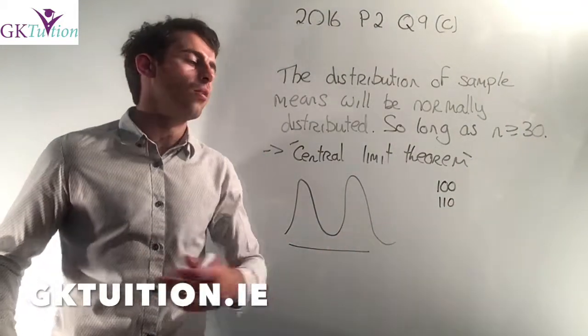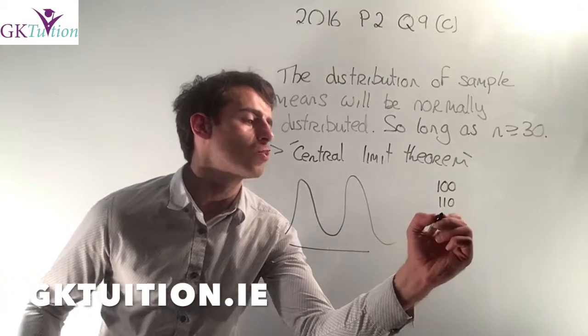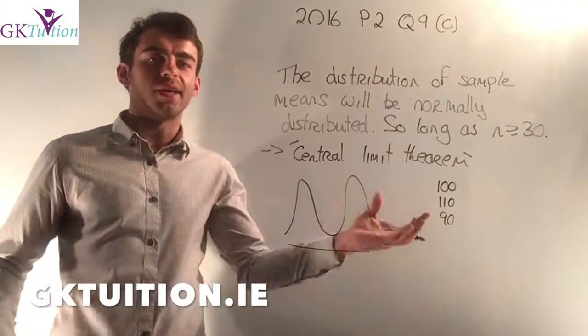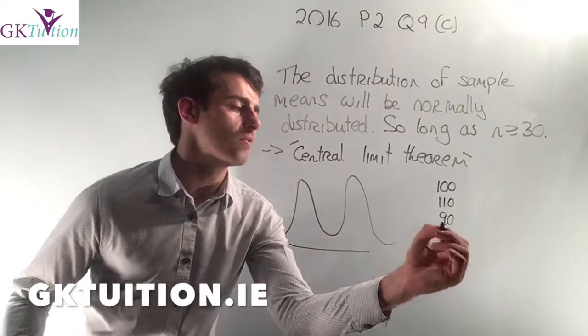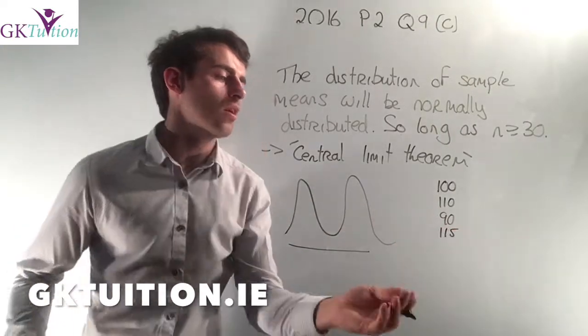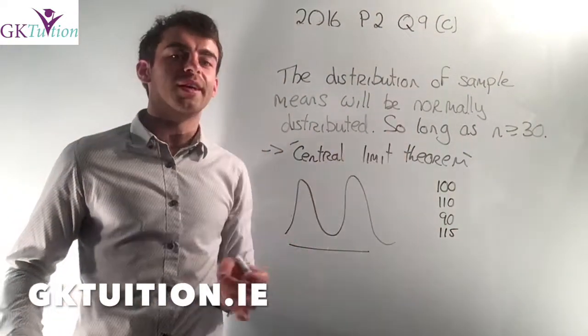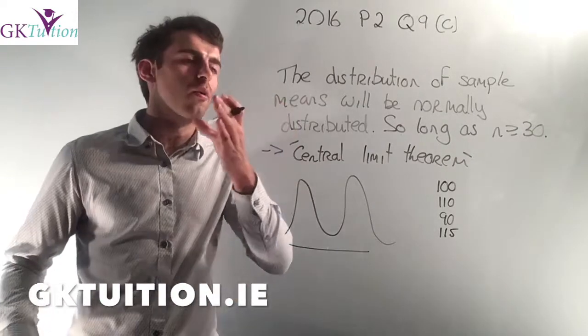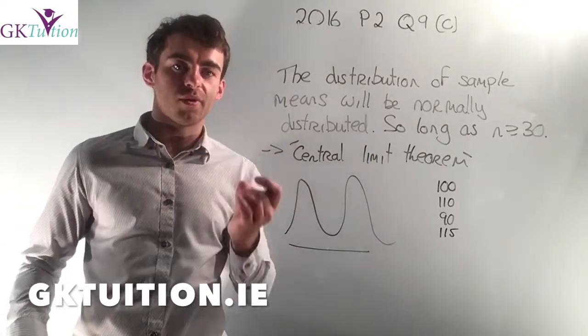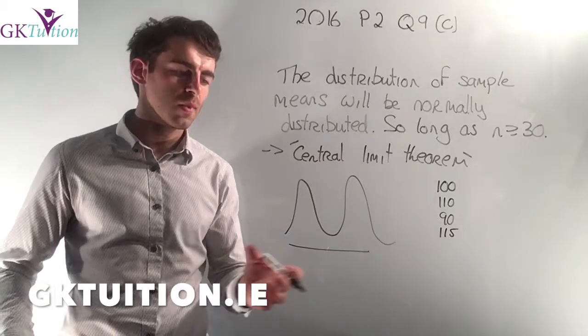And then I go to Carlow, I do the same thing, and the average of those farms works out as 90. I do the same thing again in another county, the average of those farms works out as 115. And so on. So I go all around and I take a whole bunch of large random samples of farm size.